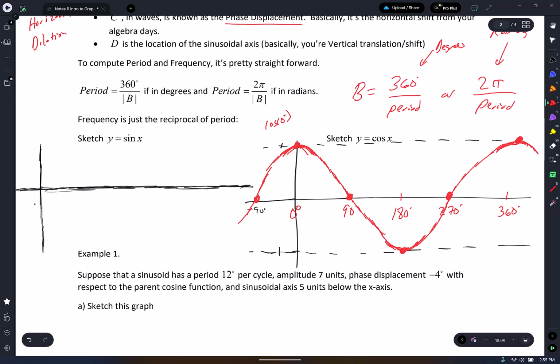I'm gonna call -90 right here, 0 right there, then 90 degrees, 180 degrees, 270 degrees, and 360 degrees. That's fine. This is 1, and this is -1.